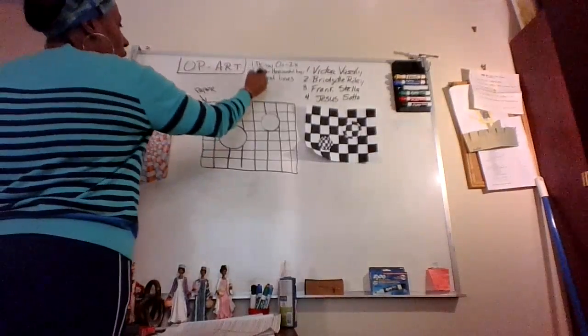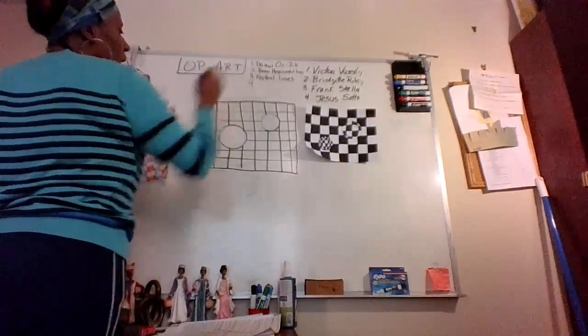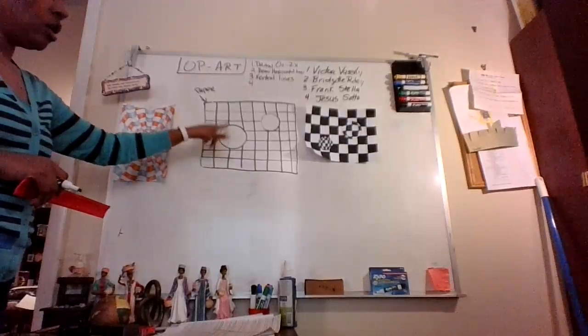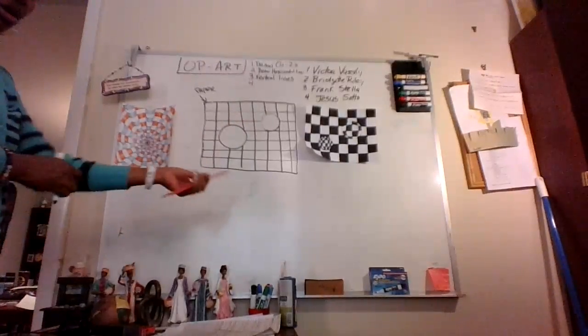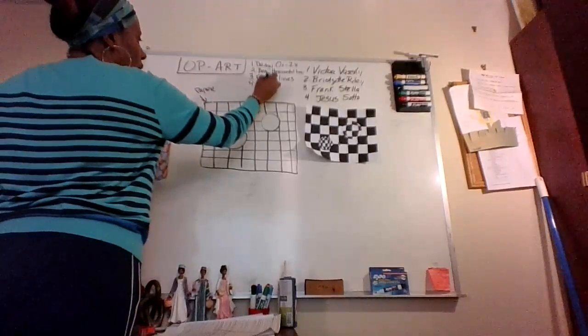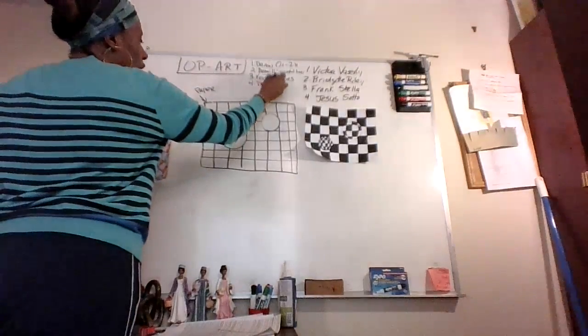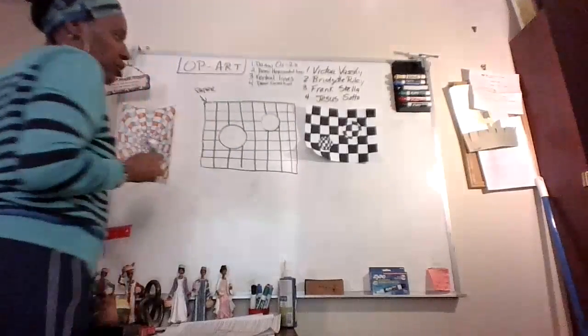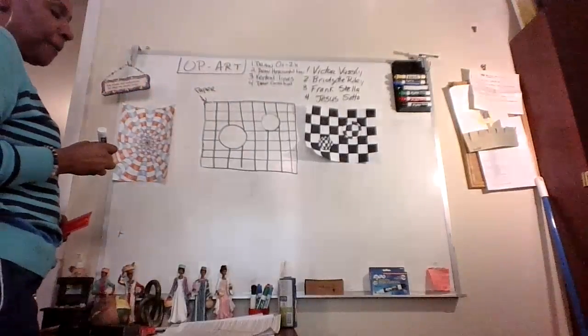Step number 4. You are now going to do something very similar on your circles. I'm going to show you 2 different ways. You're going to draw curved lines on your ball. All right?